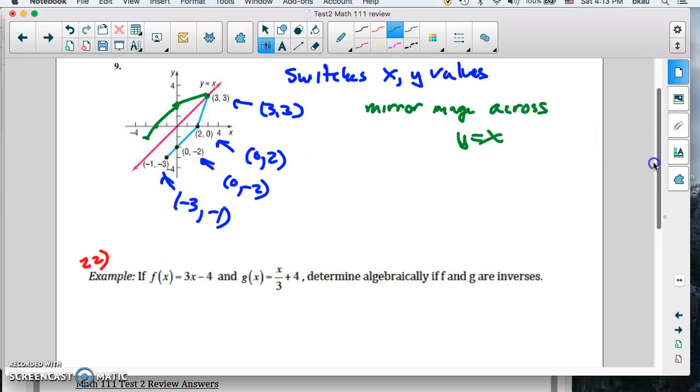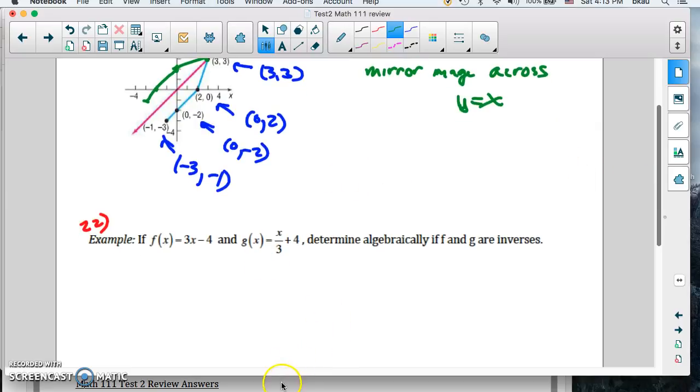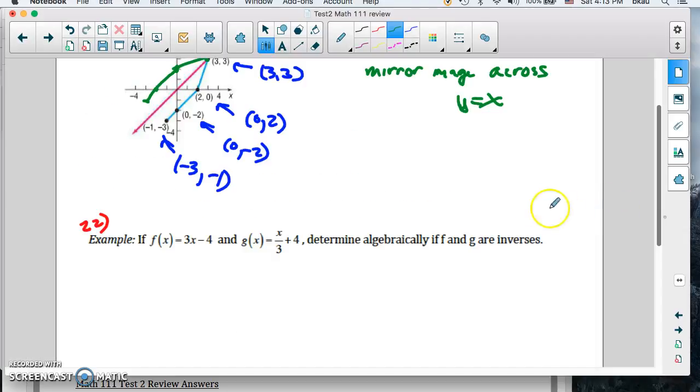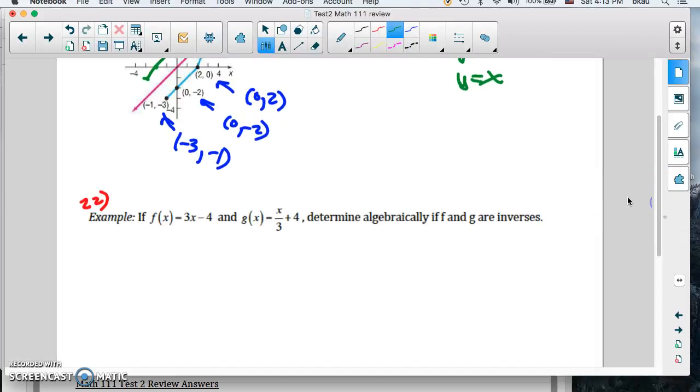All right, on to problem 22. Problem 22 states, determine algebraically if the two functions are inverses of each other. To be inverse functions, their composites have to equal x. So this composite has to equal x, and this composite has to equal x.